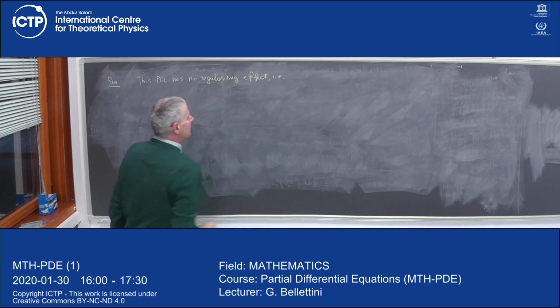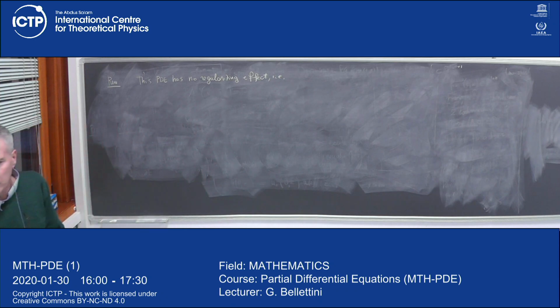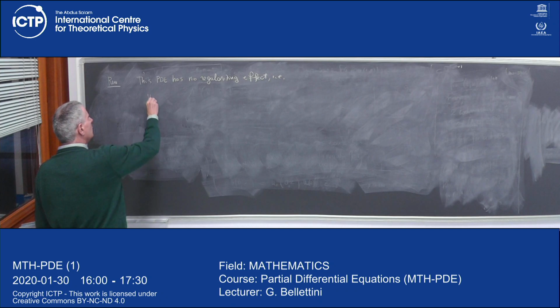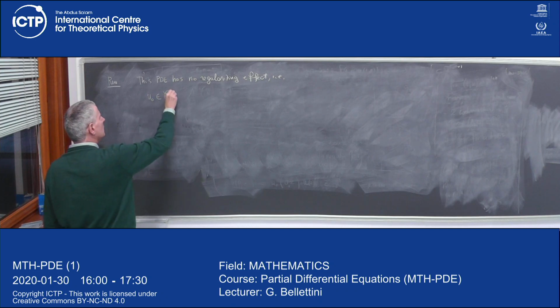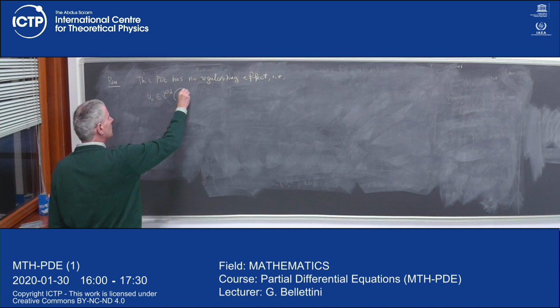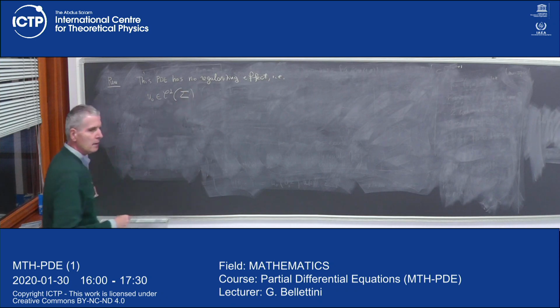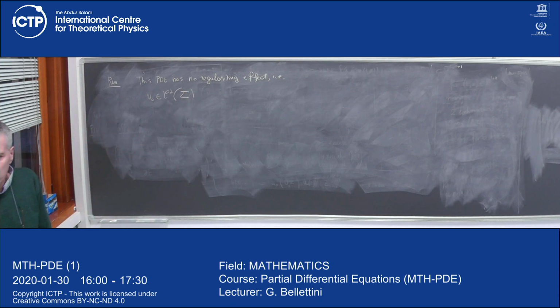It means that if I start with an initial condition with a certain regularity, U0 was C1 on sigma, the solution does not improve the regularity. It is at most as regular as it was.